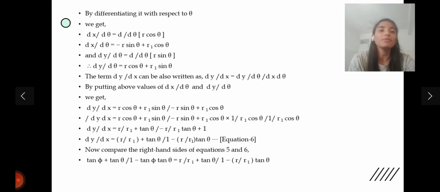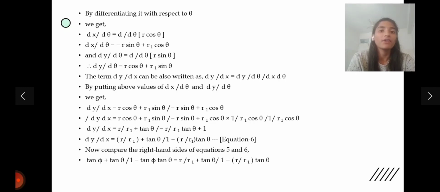The term dy by dx can also be written as dy by d theta divided by dx by d theta. By putting the above values of dx by d theta and dy by d theta, we get dy by dx is equal to r cos theta plus r1 sin theta divided by minus r sin theta plus r1 cos theta.